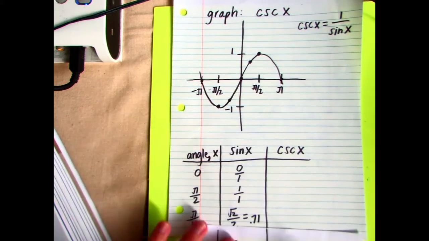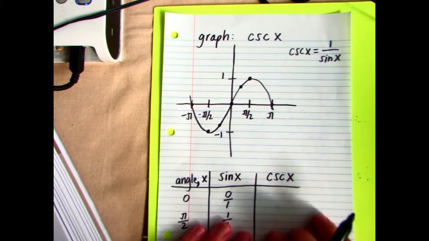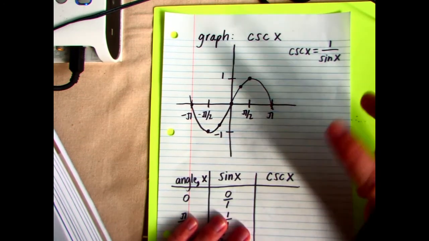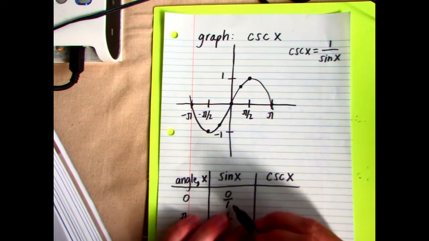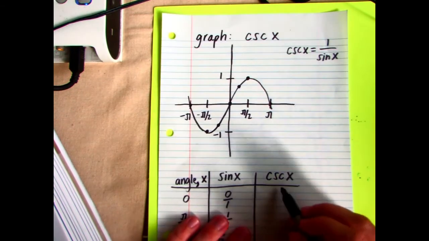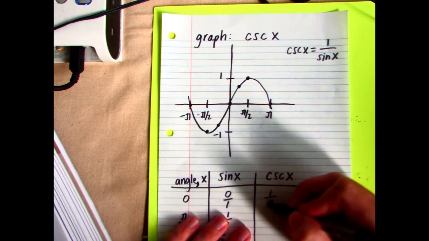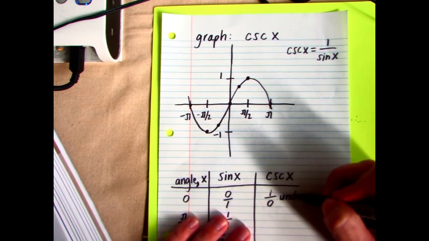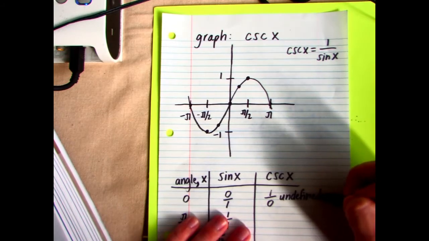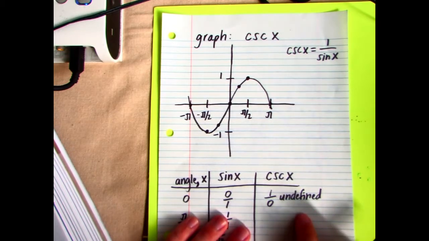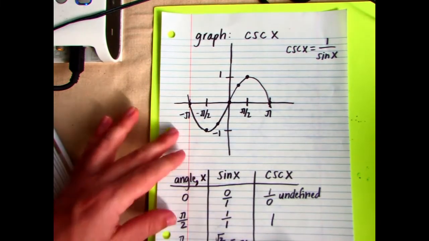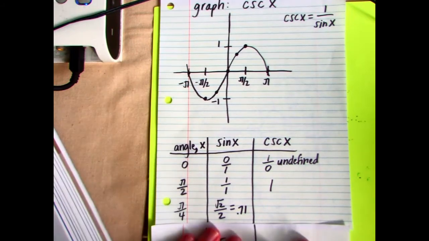Okay, so now let's get these cosecant values. So if cosecant is the reciprocal of sine, I'm going to take all these sine fractions and flip them. So the cosecant of 0 is 1 over 0, which we know is undefined. If you have 0 in your denominator, that value is undefined. Continuing with my other values, 1 over 1, well, the reciprocal is still 1.